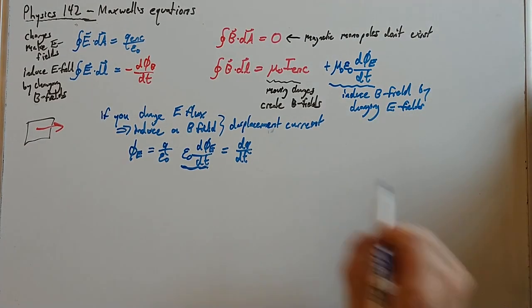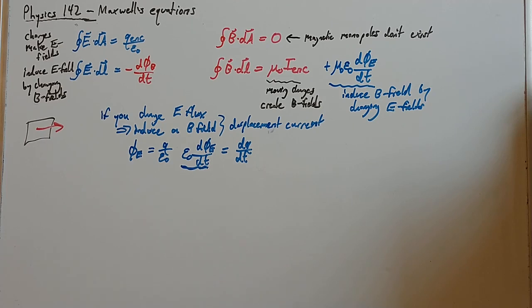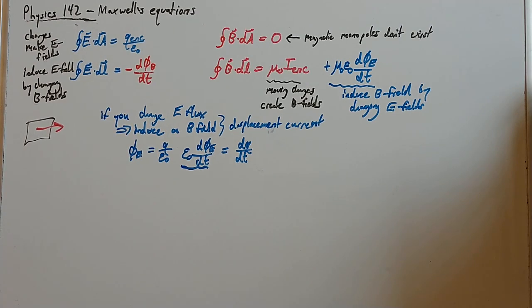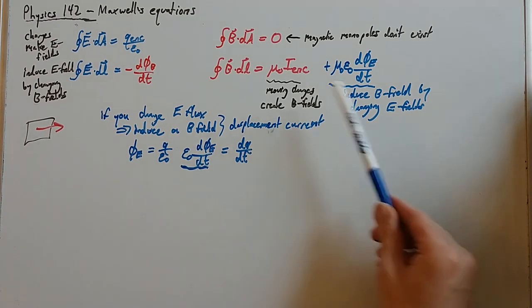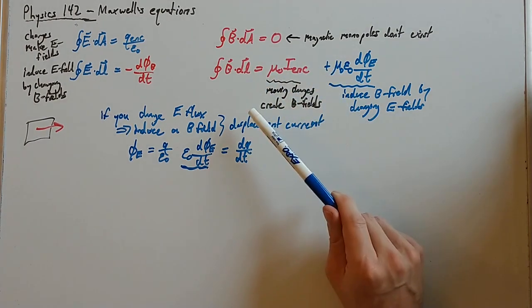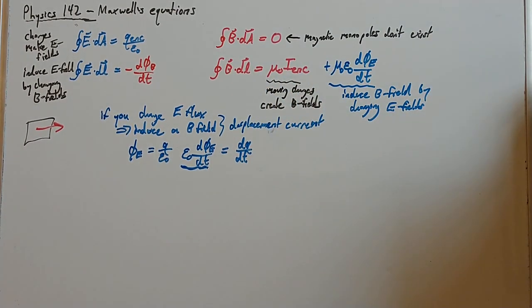And so these equations together are called Maxwell's equations. And in a sense, they summarize everything that we've learned here in electromagnetism. What we've learned is that there are two different ways of making electric fields. You can do it with charges, or you can do it by changing your magnetic field. And there also are two different ways of making magnetic fields. You can do it with moving charges, or you can do it by changing your E fields.